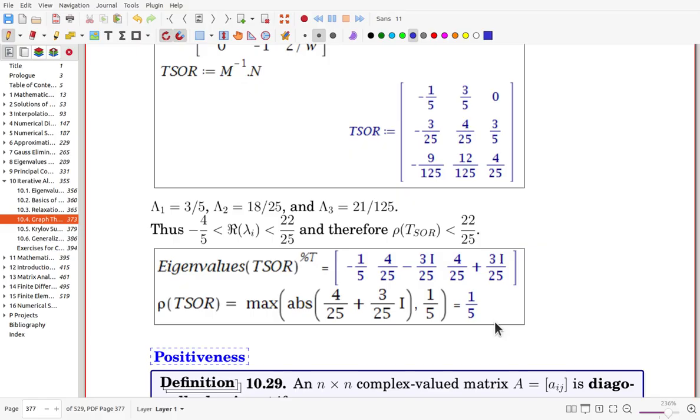So that's really the first step you have to check. If you design an algorithm, first of all, you have to make sure your algorithm converges. This is a simple method to figure it out.